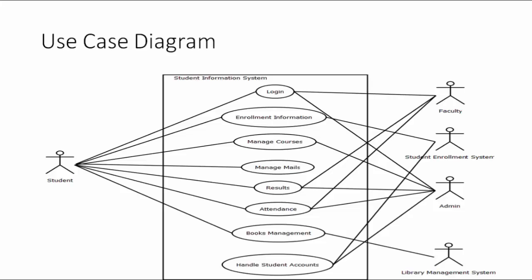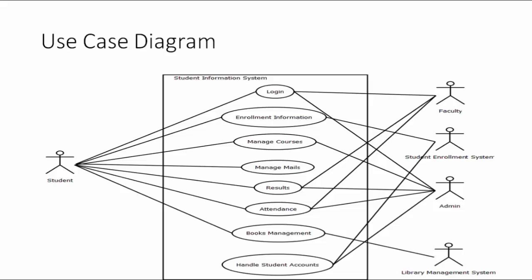Second is enrollment information. Student will view the enrollment information given at the time of enrollment. Now the question arises that from where this enrollment information will come. So the secondary actor of this enrollment information use case is a student enrollment system.